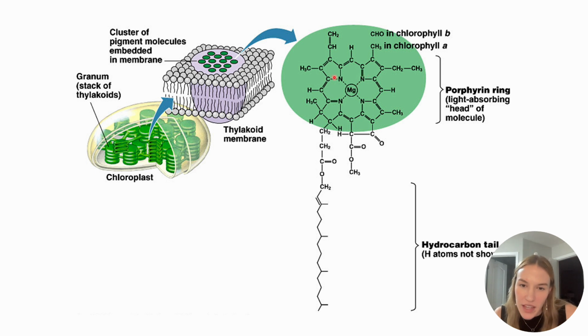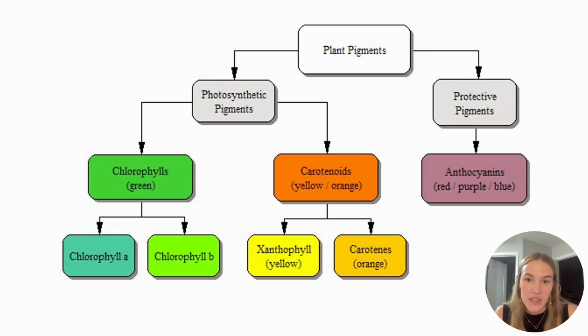Now this head group is not particularly polar like we've seen in the phosphate group, but it does get embedded into the thylakoid membrane to form that light harvesting complex.